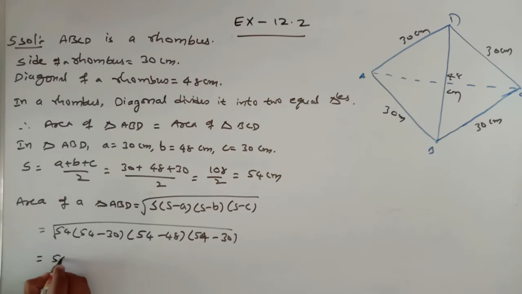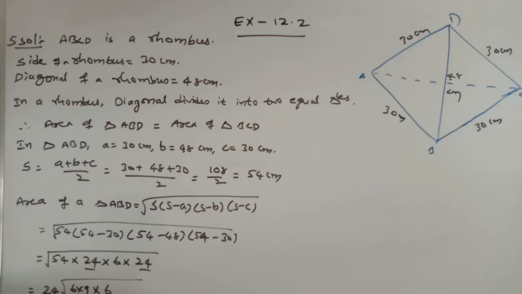Now square root of 54 into 24 into 6 into 24. Taking 24 out of the square root, 54 is 6 into 9, so we get 6 into 9 into 6.